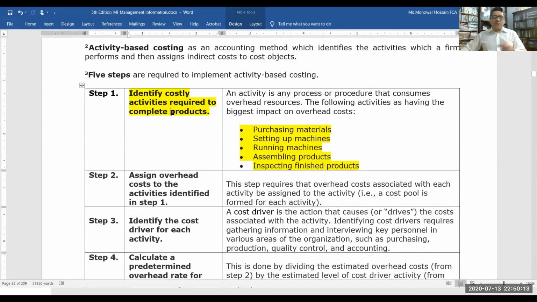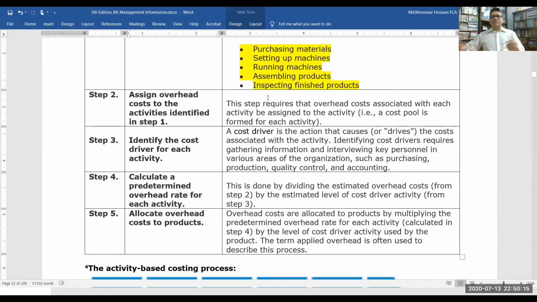What's in step 1? This step requires the overhead cost associated with each activity to be assigned to the activity. That means a cost pool is formed for each activity.